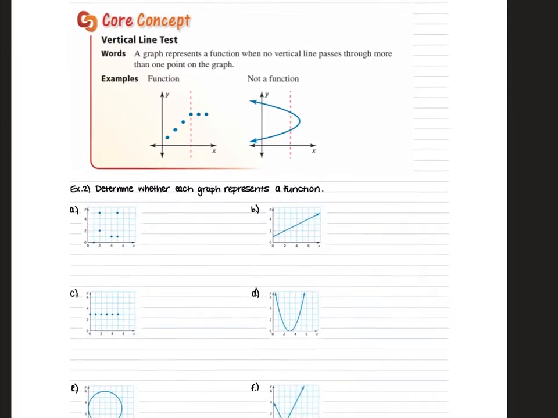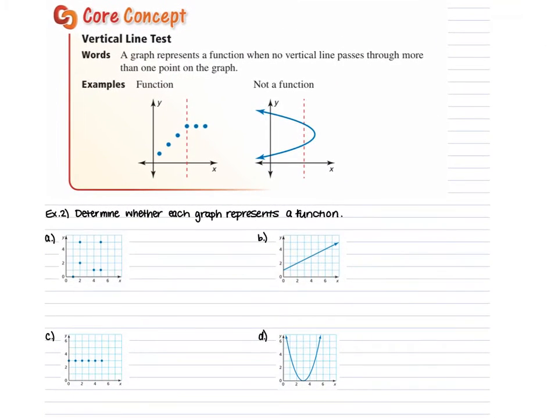If we look at our next part, we're determining whether a graph is a function by looking at the ordered pairs or the lines on these graphs. Just like we just looked over, our x values can't repeat. So if we draw a vertical line through these points at any point in time, there should never be more than one point that intersects that vertical line.